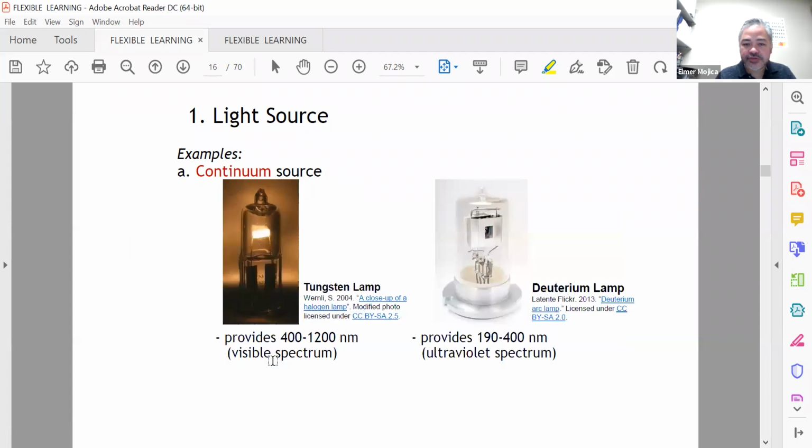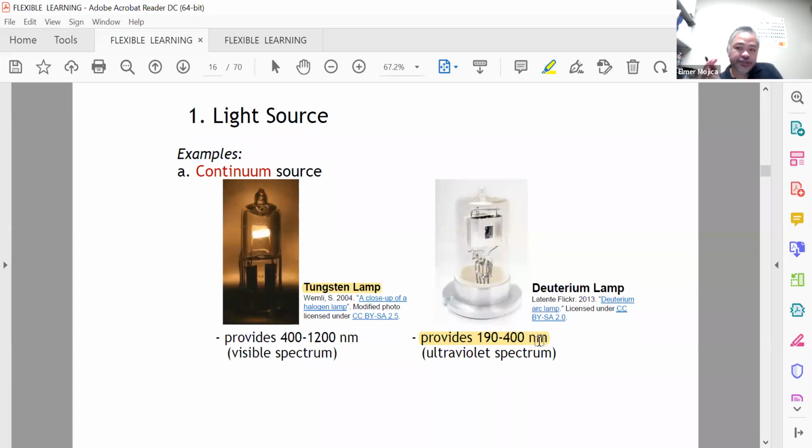Going specifically to these light sources, this is what the tungsten lamp looks like. It provides the light source if you're measuring between 400 to 1200 nanometers, which is the visible spectrum. But most analysis also covers the UV region. In that case, this is provided by the deuterium lamp, which covers 190 to 400.